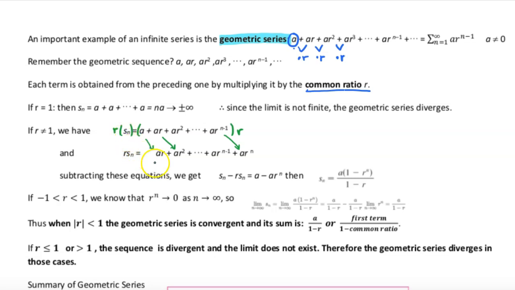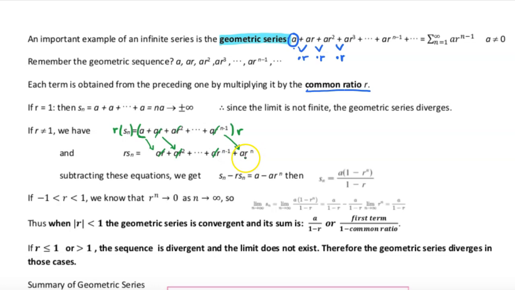If we subtract these equations, I'm left with s sub n minus r s sub n on the left. And then on the right, all of these terms are going to cancel, except for the first term in this first version of the equation. All of these other terms are going to cancel.